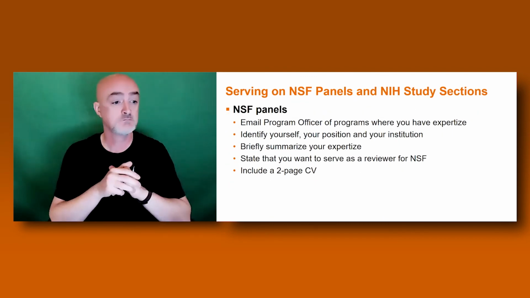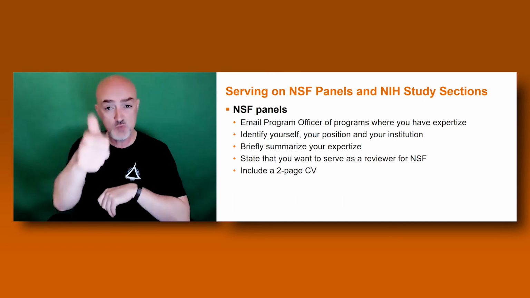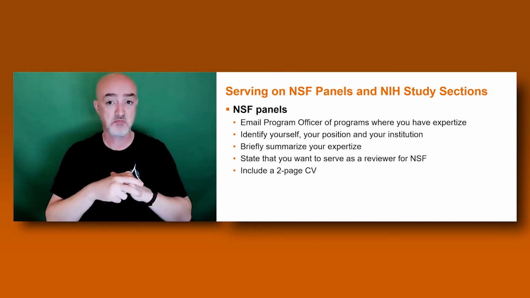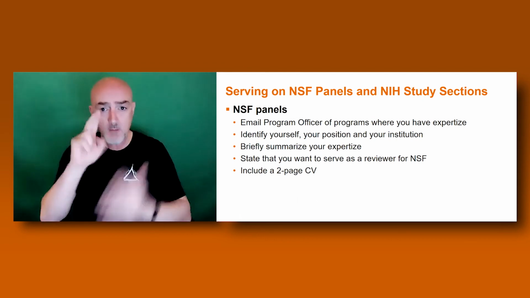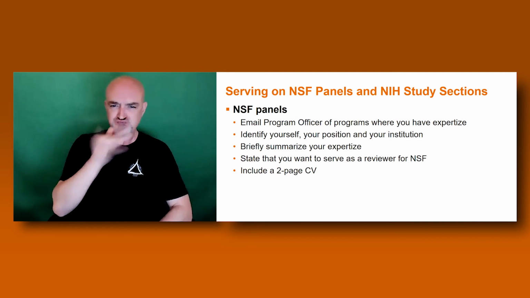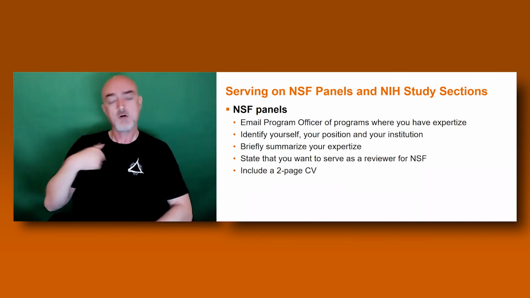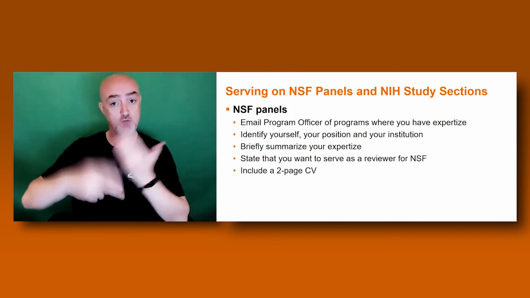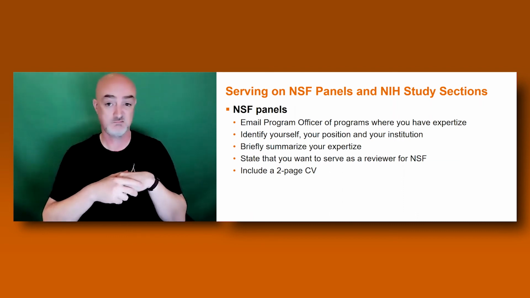So for NSF panels, the first step is you would email the program officer. You'd try to identify a program within NSF that you think you have expertise that matches. You'd write to that program officer. A simple email will do.